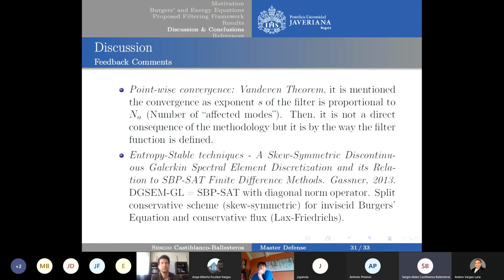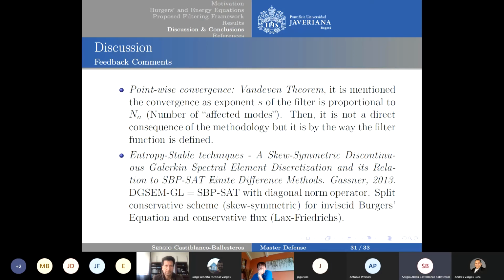There was a comment about the parallelisms with entropy stable techniques. This is the main paper, on symmetric discontinuous Galerkin spectral element discretization and its relation to this scheme for finite difference methods by Gassner.